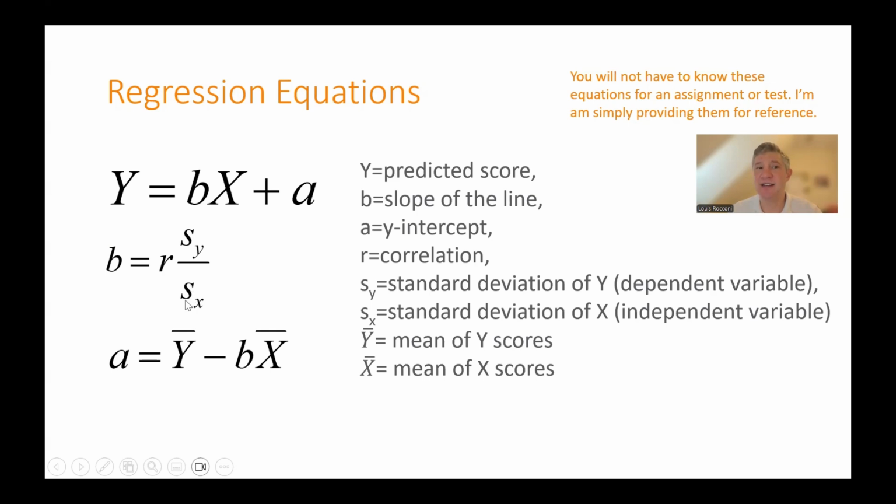And the constant is equal to the mean value of y minus the slope of the line times the mean value of the x score. So this is how it's computed in simple linear regression. When we have more than one independent variable, we have to use some matrix algebra to do it, but in the simple case, these simple formulas work. Again, you're not going to have to do this by hand. I'll show you how to get it out of the computer in another video.